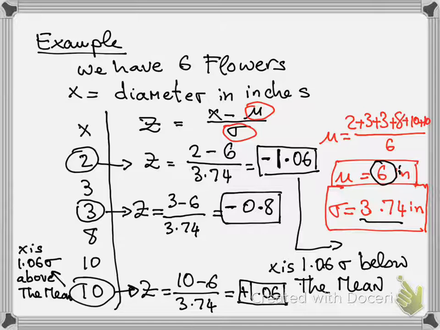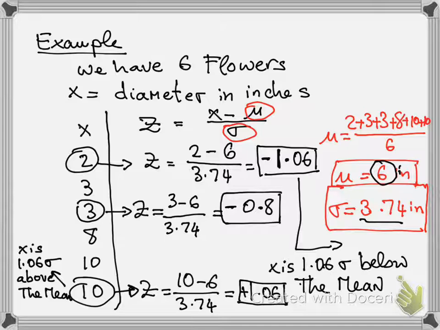Okay, so here, remark guys, when x is 2, the z-score is negative, and when x is 10, the z-score is positive. So in general, if you compare x to the mean, if x is less than the mean, then the z-score is going to be negative. For example here, x is equal to 2, the mean is 6, so 2 is less than 6, so the z-score is negative.